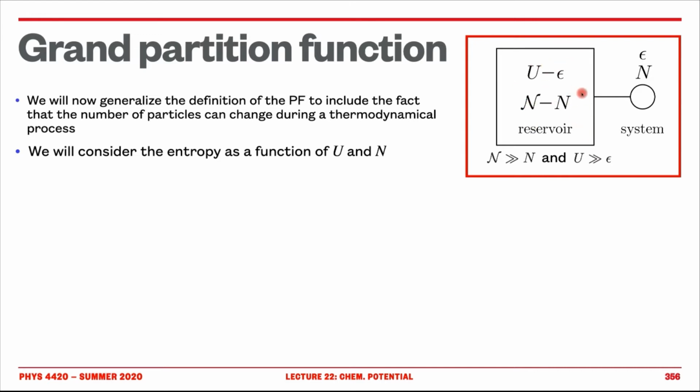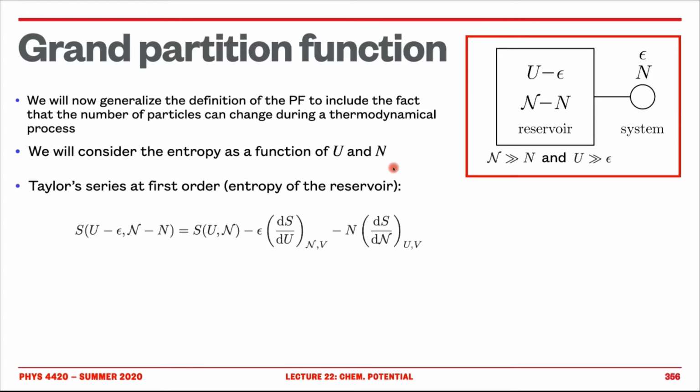That's what's important. So we have the entire system, which you consider as a closed system, that has a total energy U and a total number of particles N_R, like this. And so the question is, what's the probability of this system to exist? Just the same way as we did for the Boltzmann factor. So let's try to do this.